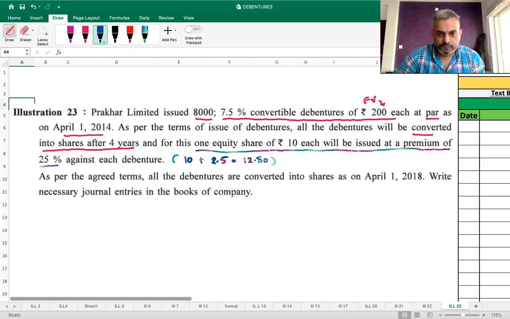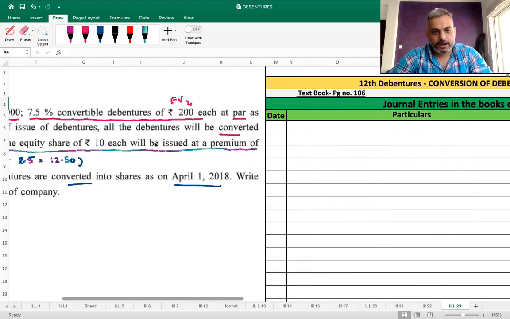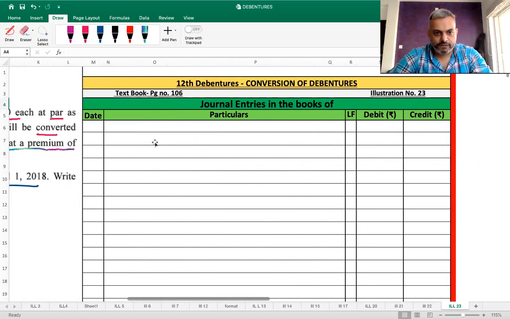So let's proceed. As per the agreed term, all debentures are converted into shares as on 1st April 2018. Write necessary journal entries in the books of the company. So, first, let's start with the issue of debentures, and stage wise we'll go and we'll do the working in the later part of the sum.